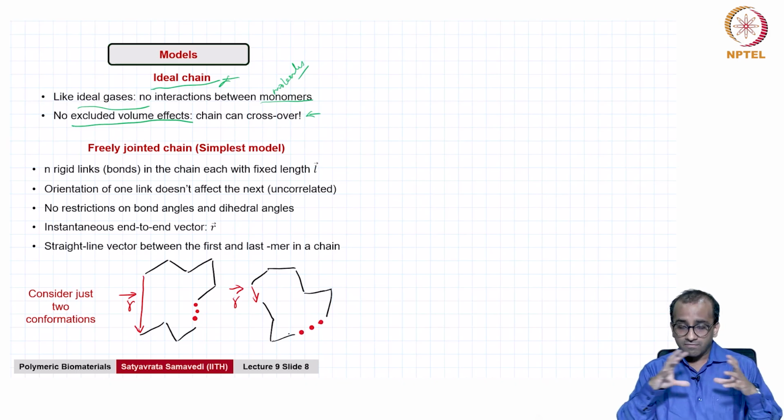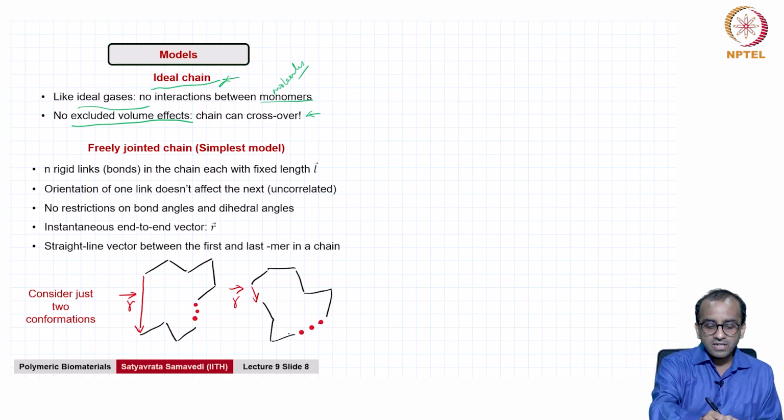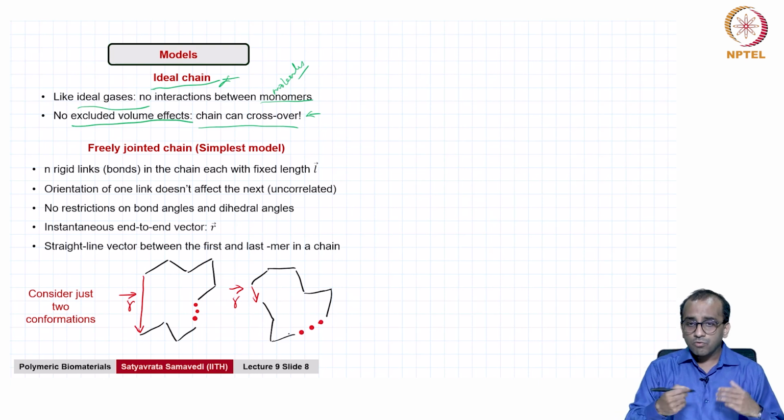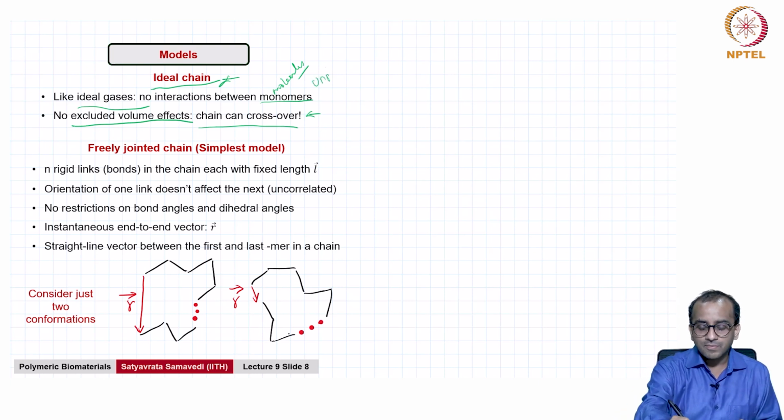So, the effective size that you get for a real chain will be larger than for an ideal chain, which does not take into account these excluded volume effects. So, in an ideal chain, chains can actually cross over, right? Chains can intersect, chains can go on top, they can do all kinds of things which would be considered unphysical.